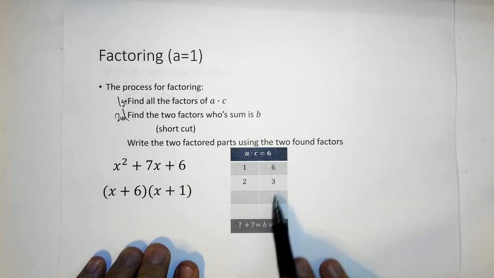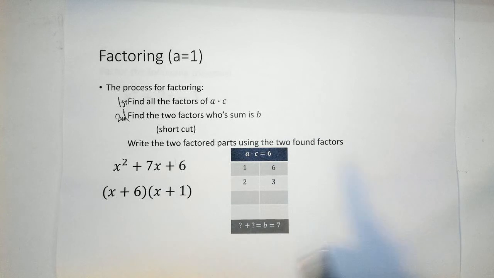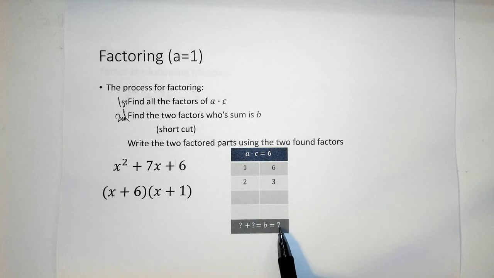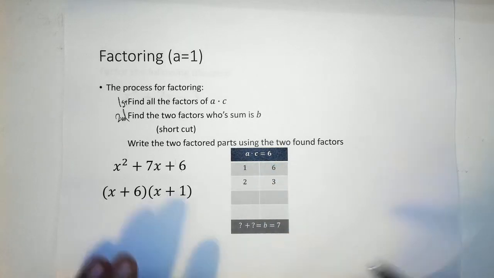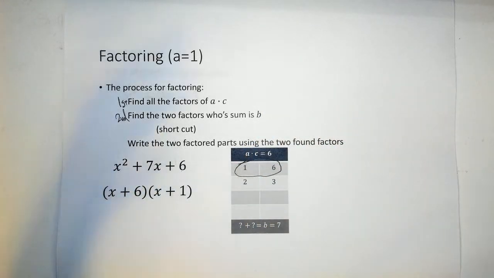It's easier to make the connection, it's nice and organized, and it makes our job simpler. So again, a times c equals 6. Here's the factors. Which of these factors adds up to 7? Well, not 2 plus 3, but 1 plus 6. So 1 plus 6, those are going to be our two magic factors that are going to make this process work.